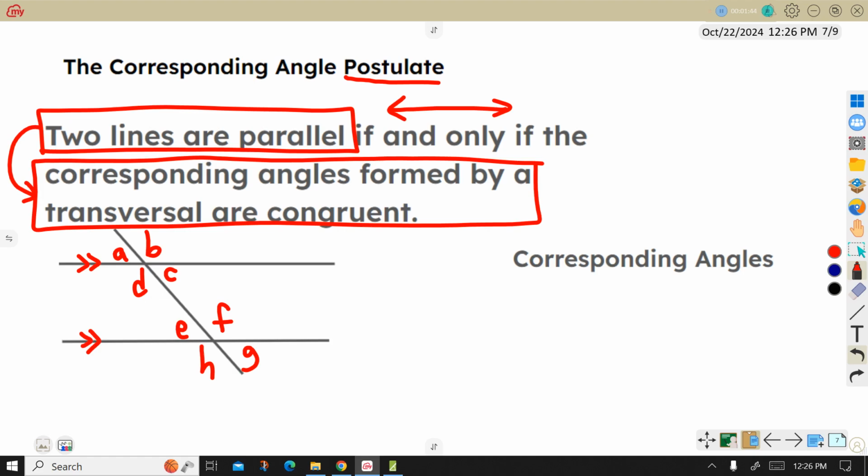But also, if this is true, then this is true. So that's the way if and only if works. It pushes us in two directions. So it's like two sentences in one. So it's a very strong statement. It's making a very specific claim. All right. So we need to know that that's true so that we can use these in cases where we want to show that lines are parallel.